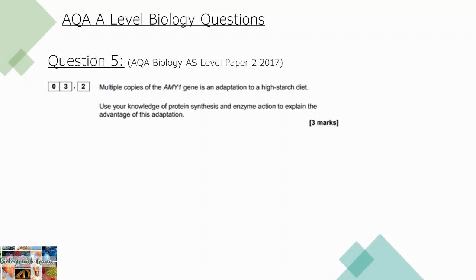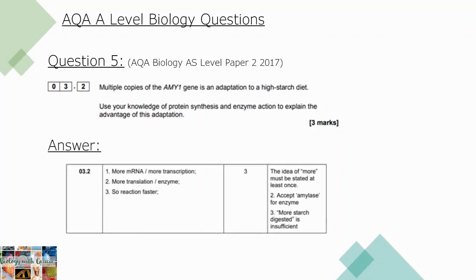So there's going to be more mRNA molecules produced, which are copies of this gene, and therefore there's going to be more mRNA translated, and so there's going to be more starch produced quicker. So there we can see our answer. There's more mRNA or more transcription, so there's going to be more translation or more enzyme, and so the reaction is going to be faster.